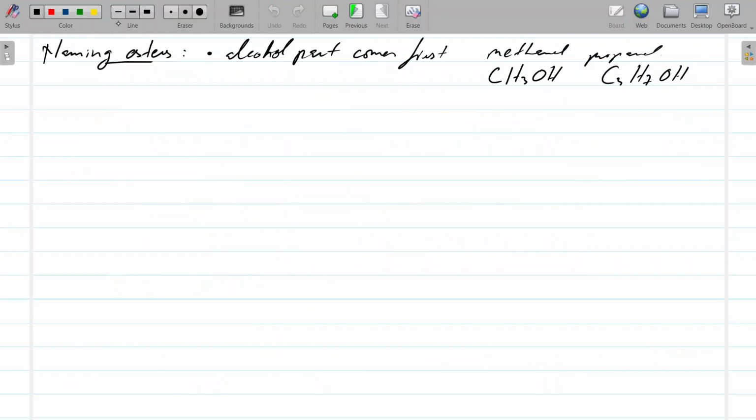And so I told you when we were talking about alkanes that if you lose this, all you're left with is CH3 or C3H7. With alkanes, if this was methane, it was CH4, and you got CH3 out of it, or this was C3H8, so that's propane, and you got C3H7 out of it.